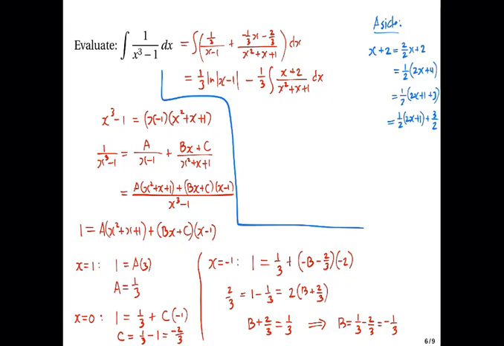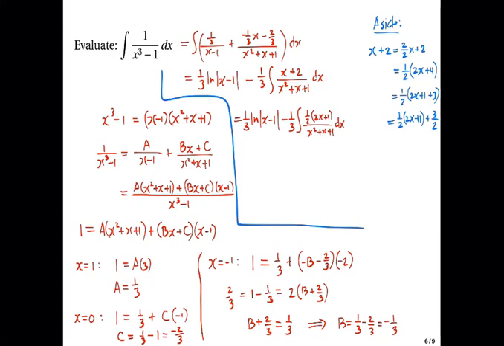So here we have now 1/3 ln absolute value of x minus 1, minus 1/3 integral. For the first guy here, we have 1/2 times 2x plus 1 divided by x squared plus x plus 1 dx.